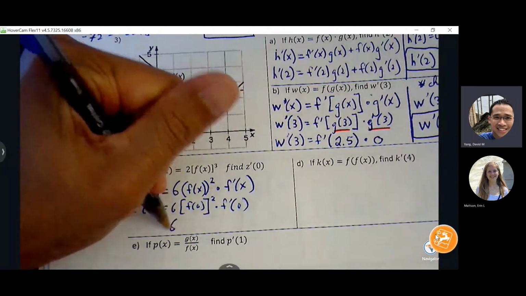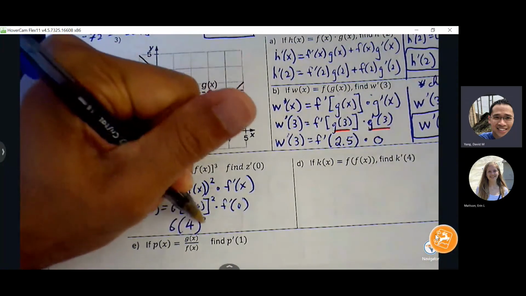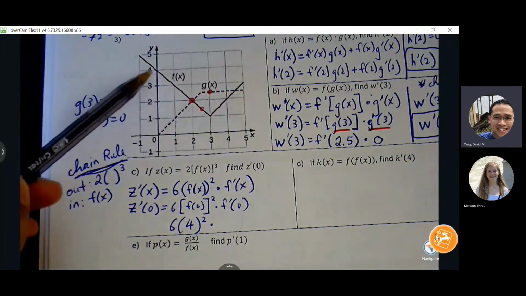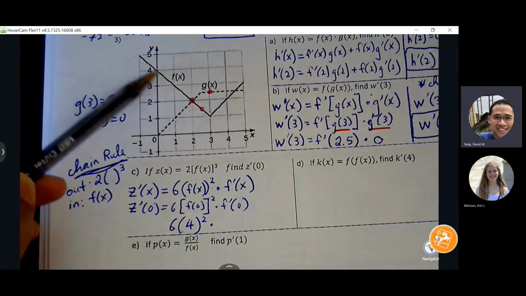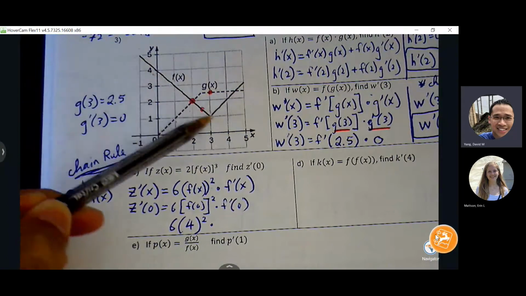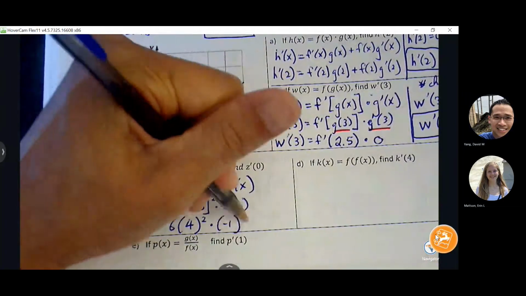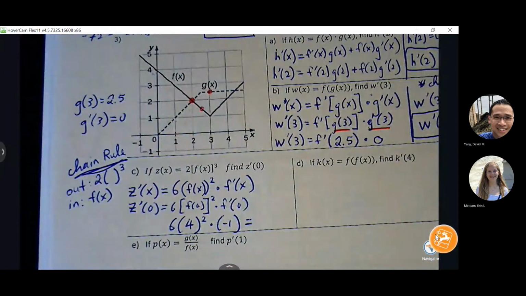Okay, so 6 times 4 squared. And then f prime of 0, so the slope of the f graph at 0, is -1. It's nice, there's the same slope all the way through along this line segment. 16 times 6 times -1 is -96.